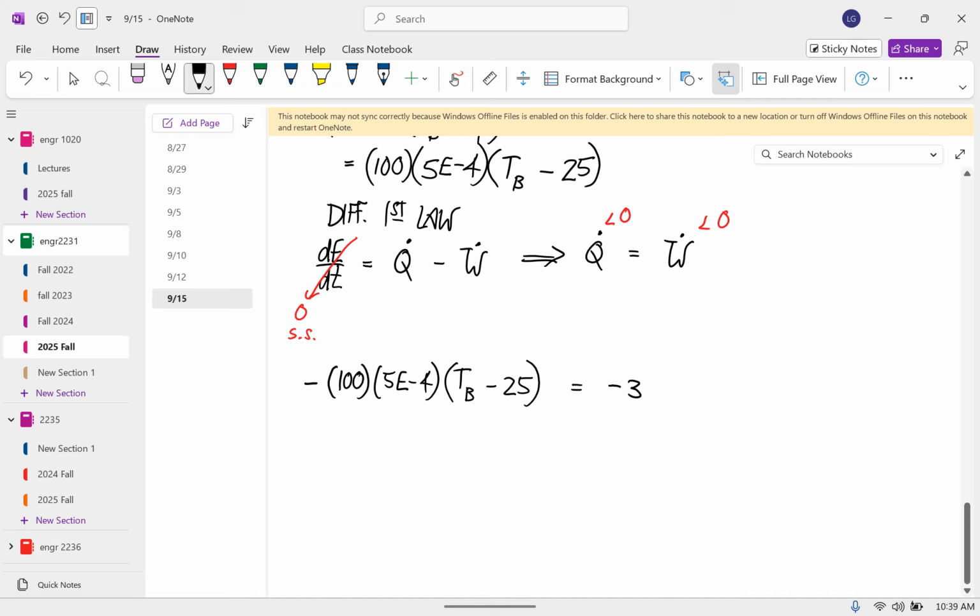And so what we have here is that TB minus 25 is equal to 60. And so the temperature of the body is equal to 85 degrees Celsius.